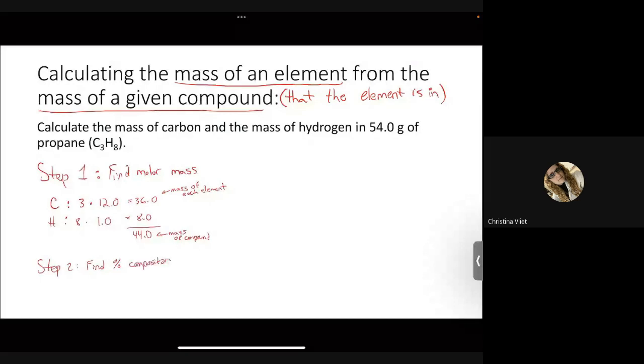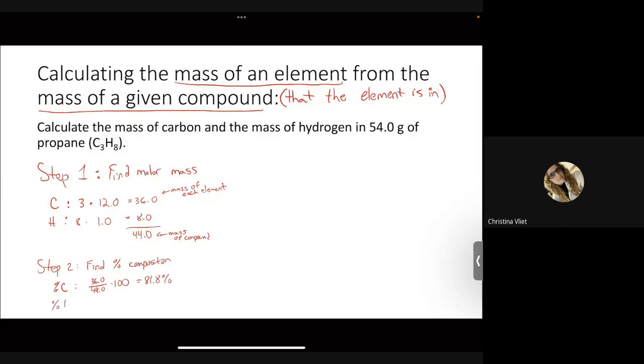For carbon, this is going to be 36 divided by 44 times 100, which is 81.8%.